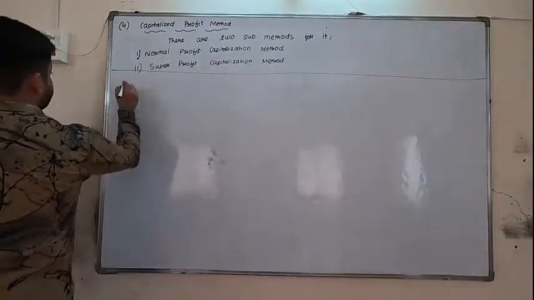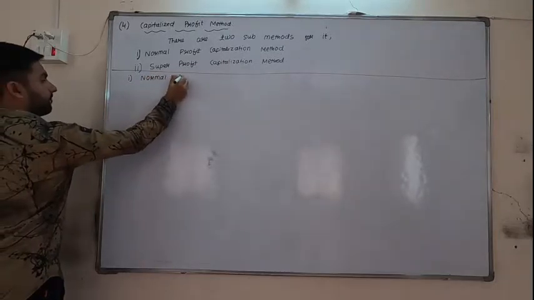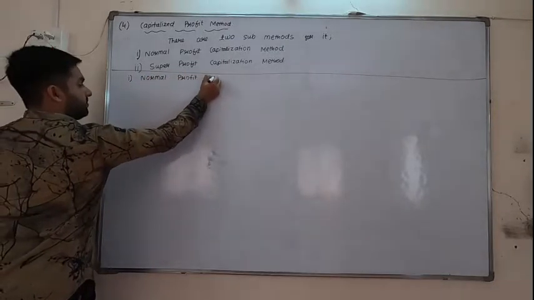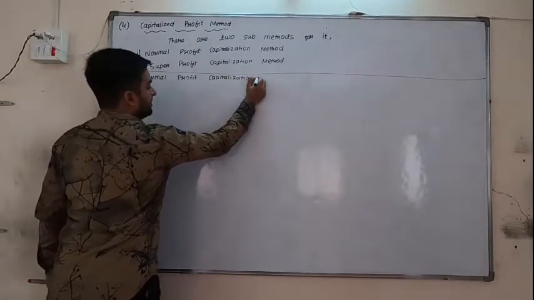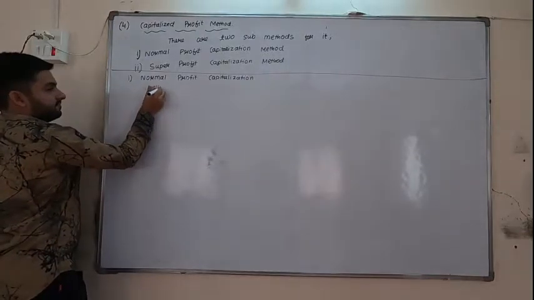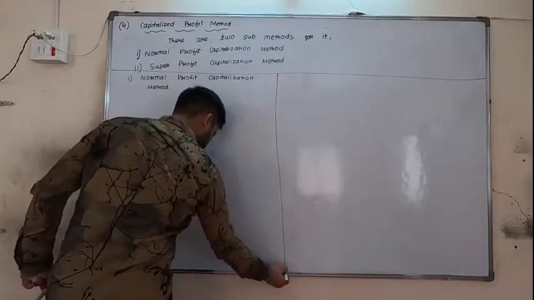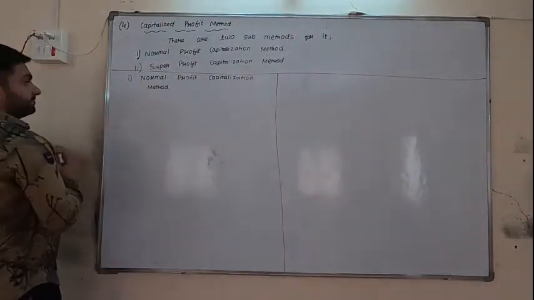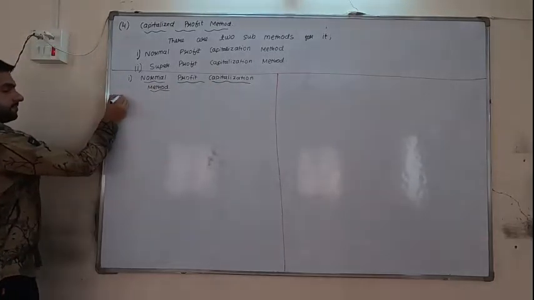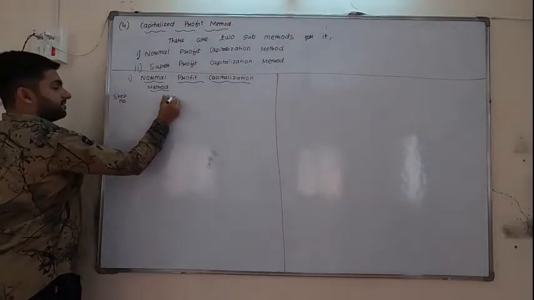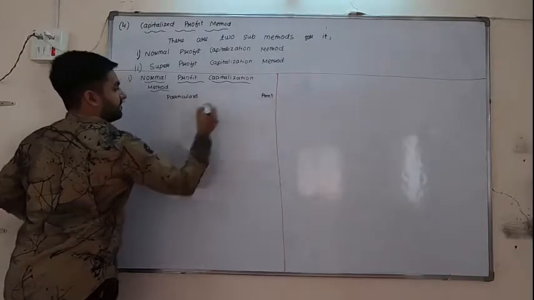Now first of all we are going for the normal profit capitalization method. We are writing the steps for it. Step number, particulars, amount.